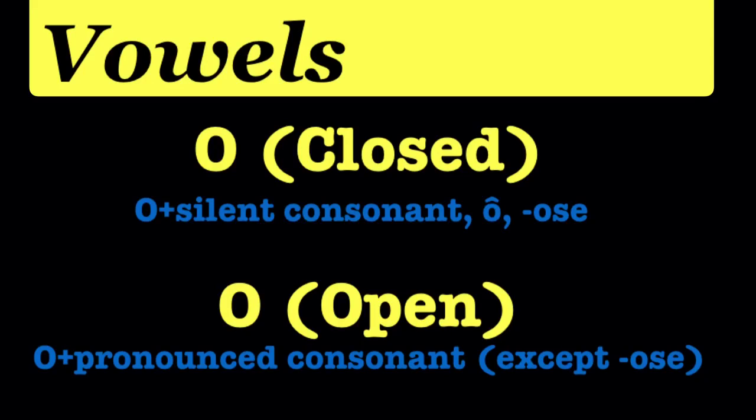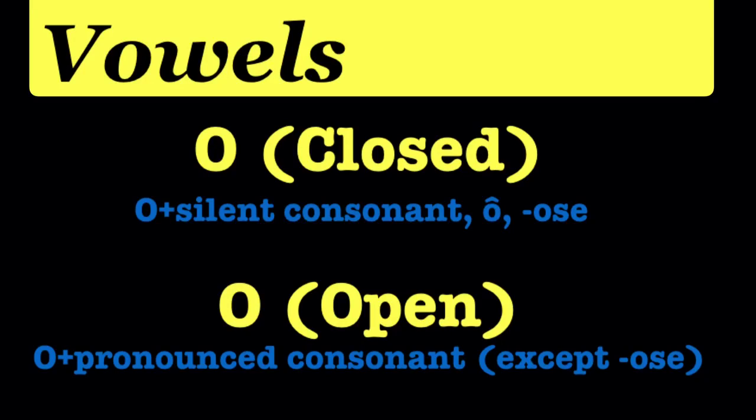The second case is when you have O with your accent circumflex, and the third case is the combination O-S-E, O's. Now the O will be considered open, which again is when it's followed by a pronounced consonant, with the exception of the combination O-S-E, which again is pronounced with a closed O, O's.